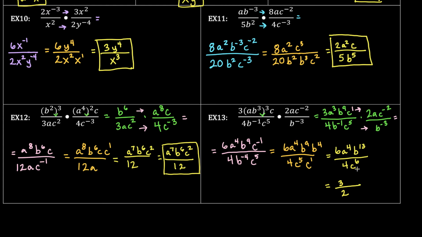There's 4 a's on top, none on the bottom. 13 b's on the top, none on the bottom. And 6 c's on the bottom. Okay, I think that's good enough. All right, that's it. Thank you.